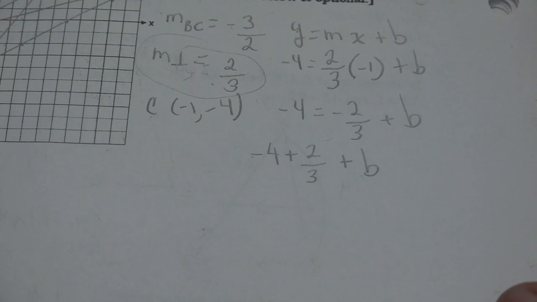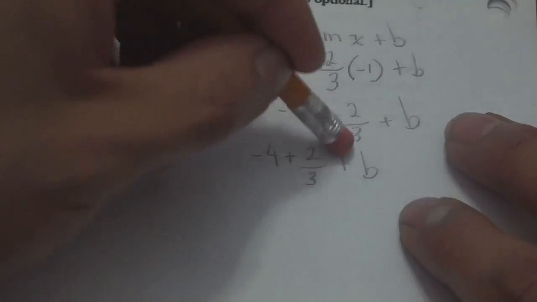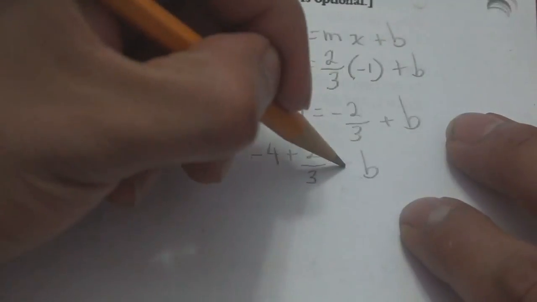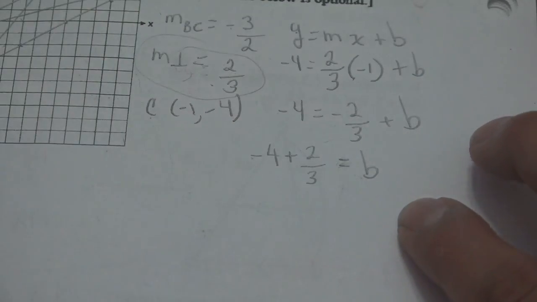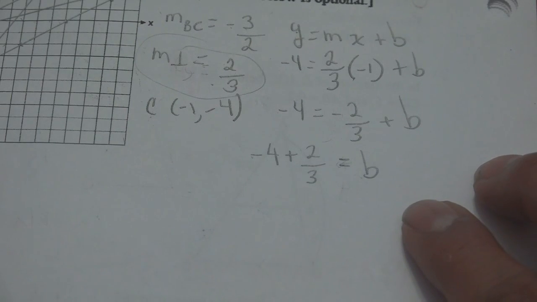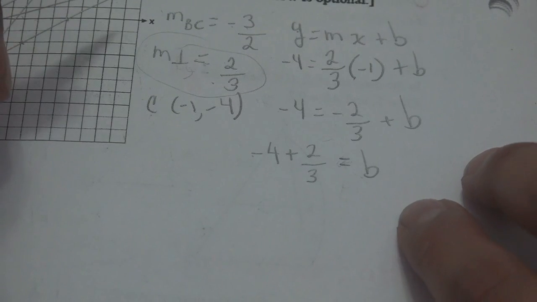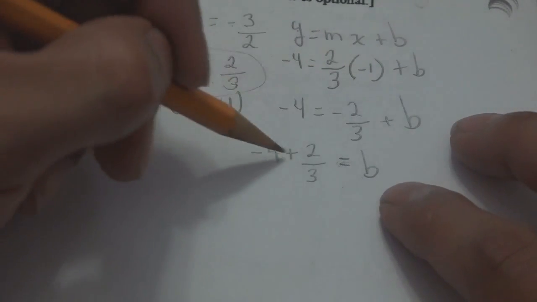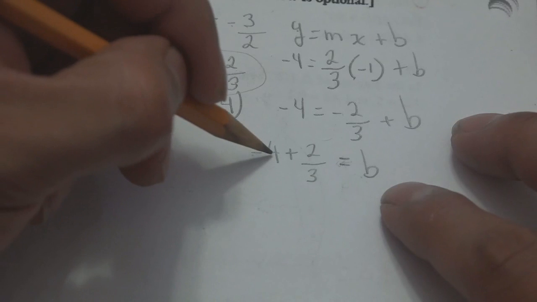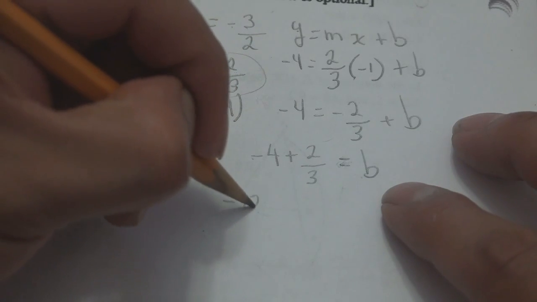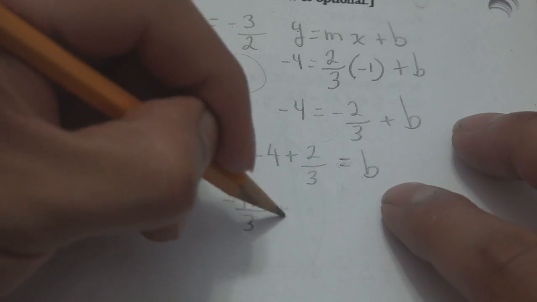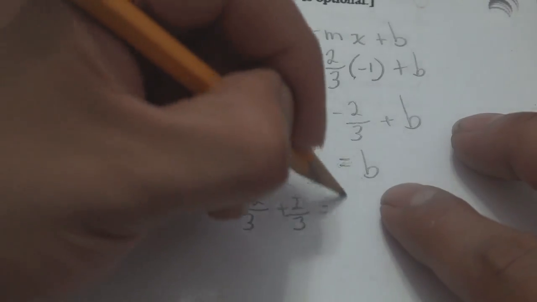Now, what is -4 plus 2 over 3? Let's see. -4 is the same thing as -12 over 3, plus 2 over 3, because I need the same denominator.